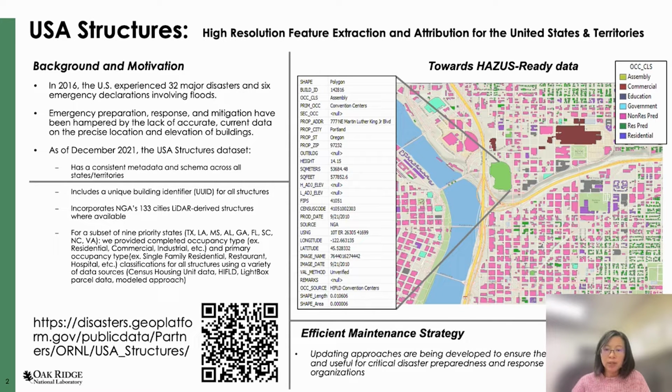In order to prepare for future maintaining and updating of the dataset, we also assigned a unique building identifier, UUID, to track the changes that happen at the structure level. The dataset can be downloaded via this URL or by scanning this QR code. As a pilot study, we also provided occupancy types and primary occupancy for 9 priority states.